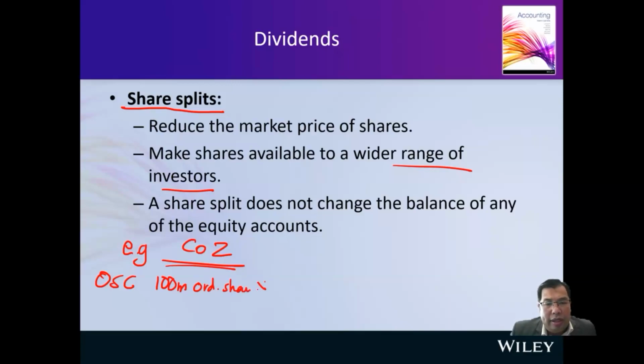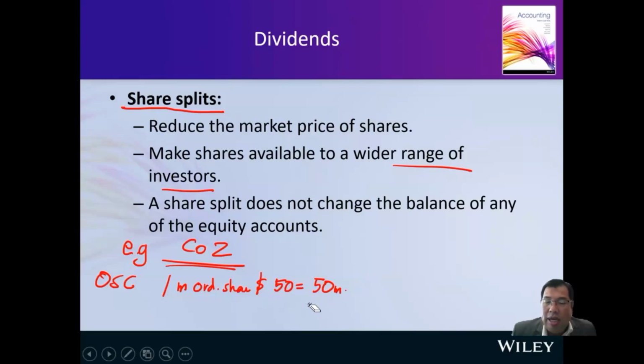But the price of this share is $50 per share, maybe 1 million, just put 1 million, much easier. 1 million ordinary shares, the price of one share is $50. So the value of the total share will be 50 million. So it's quite difficult to sell at that price. Not many people have enough money to buy shares at a price of $50 per share.